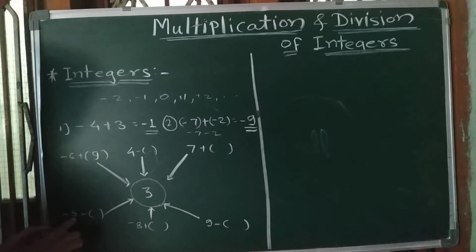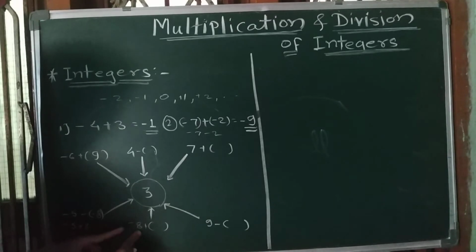Here it is 5 minus what so that we get 3? If we take -8, observe that this minus and this minus become +8. So 8 minus 5 remains 3, with the greater number's sign. So here the answer is 3.